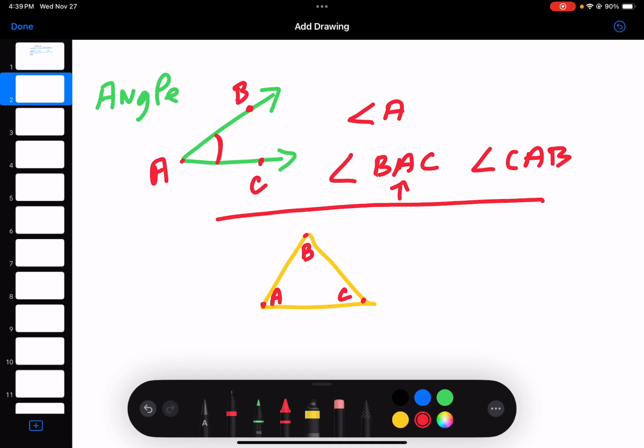And so those are the sides. That's one side, that's another side, and that is a side as well. And to denote this triangle, we simply draw a little triangle and the vertices ABC. And it could be called BCA. It would make no difference.